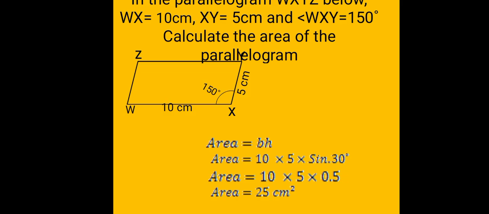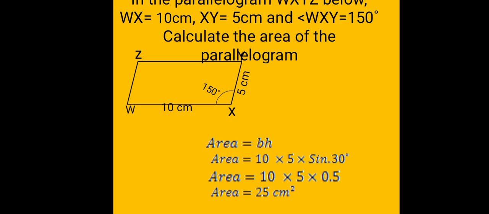In the parallelogram WXYZ below, WX is equal to 10 centimeters, XY is equal to 5 centimeters, and angle WXY is equal to 150 degrees. Calculate the area of the parallelogram. Now, the area of a parallelogram is taken as base times height.